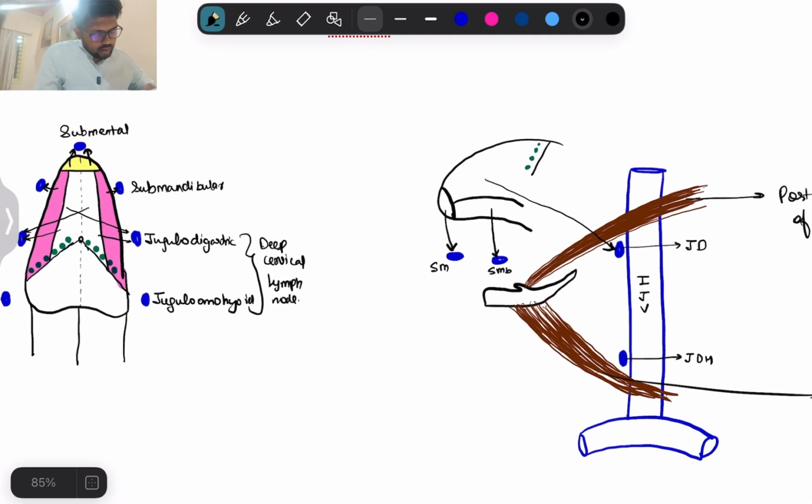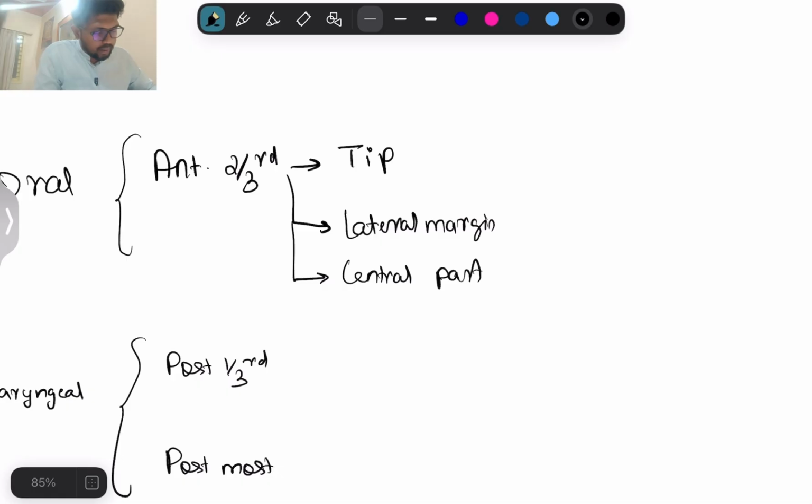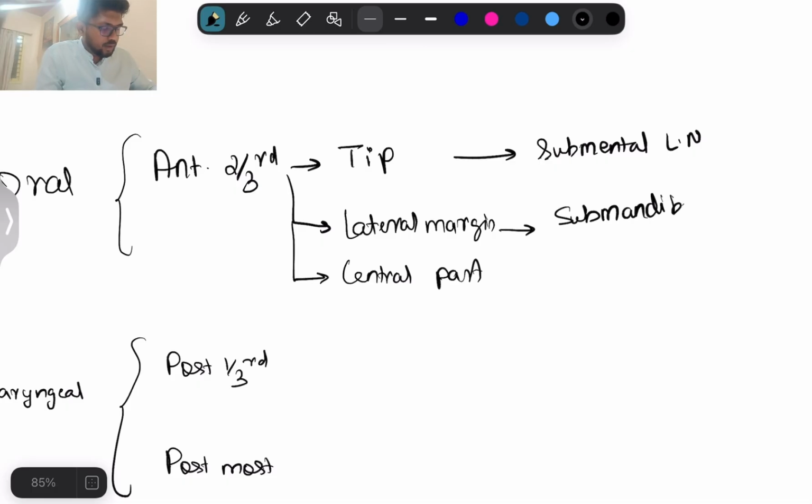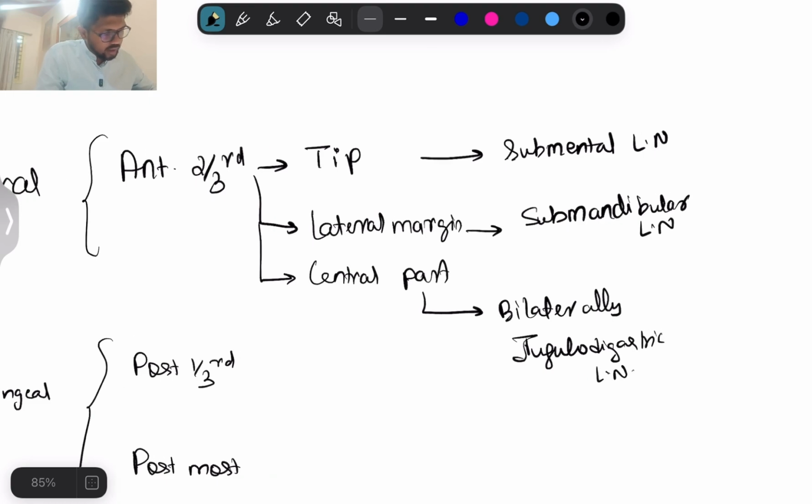We'll write here: the tip part will drain into the submental group of lymph nodes, the lateral margin into the submandibular group, and the central part will drain bilaterally into the jugulo-digastric group of lymph nodes.